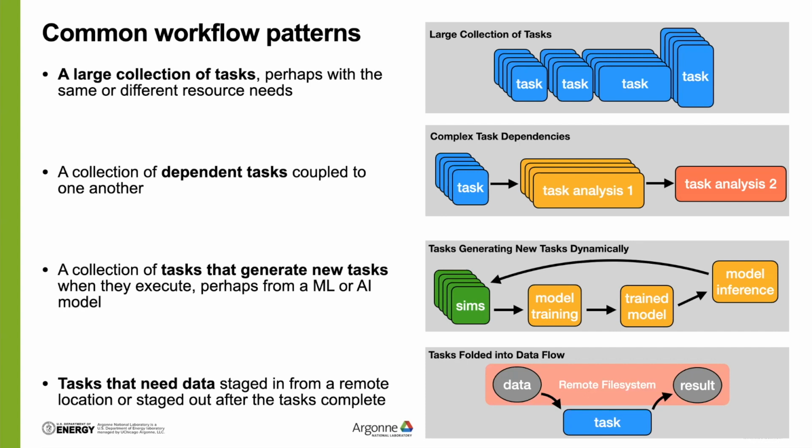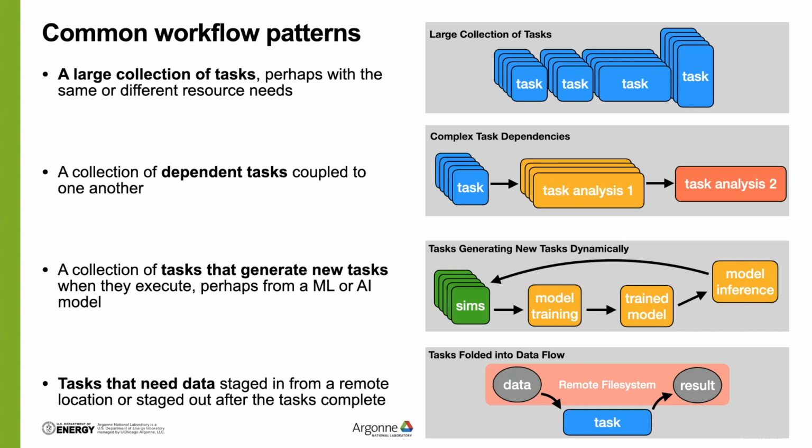The second is you might have a little bit more complexity in this large collection of tasks. You could imagine a situation where some tasks depend on the output of other tasks. Once you start having these dependencies, you have to have some method or tool for creating this coupling. For example, you might have a workflow where tasks, once they're completed, generate new tasks.